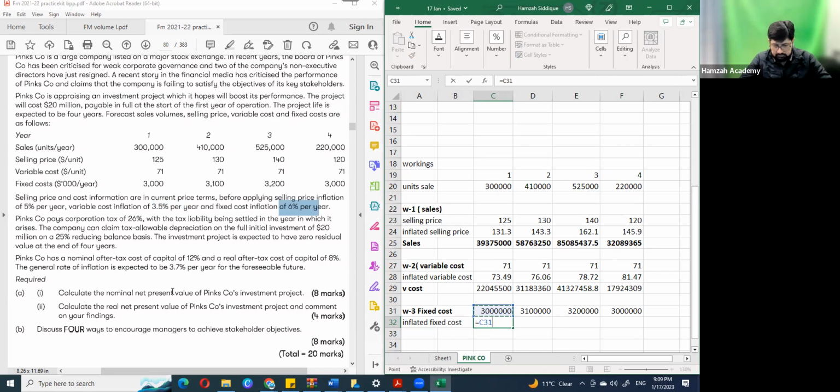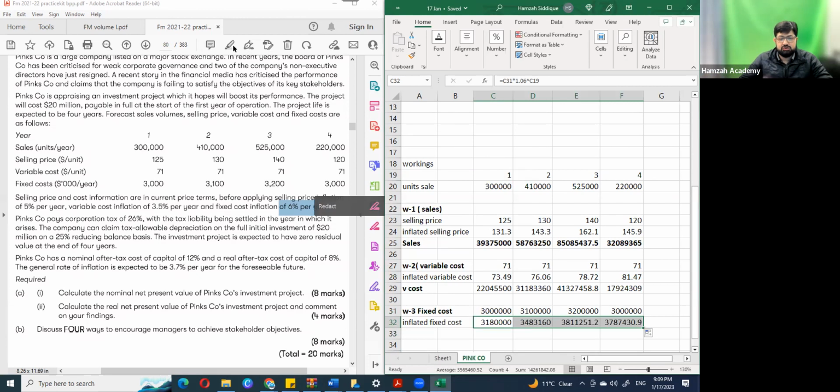Now, into 1.06 raised to power. This is the fixed cost.